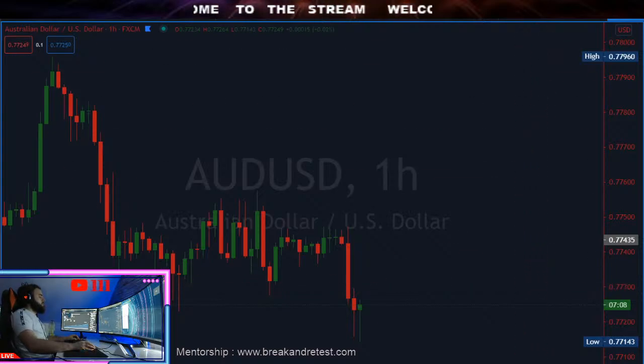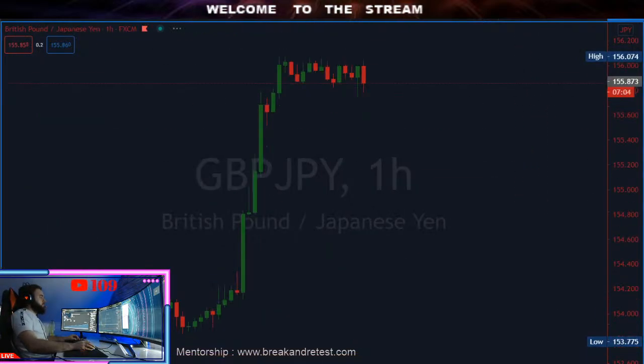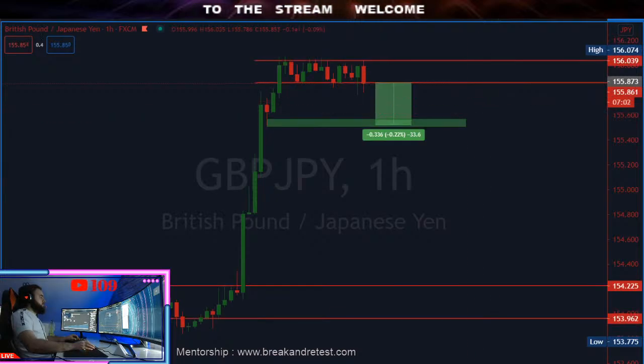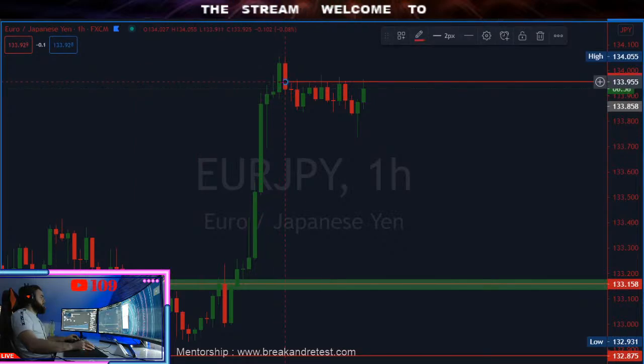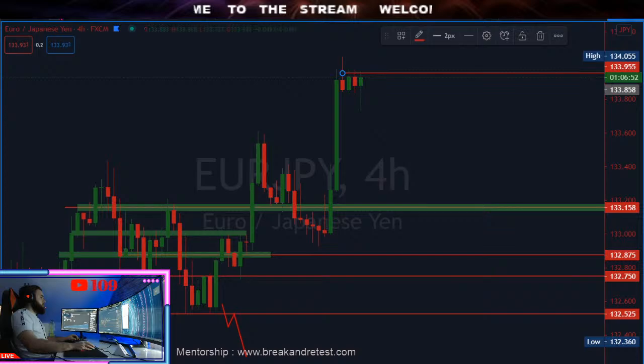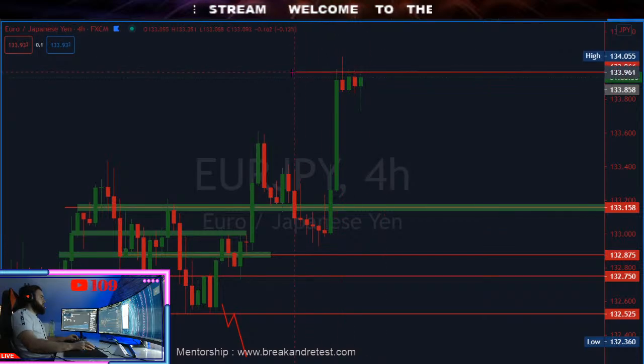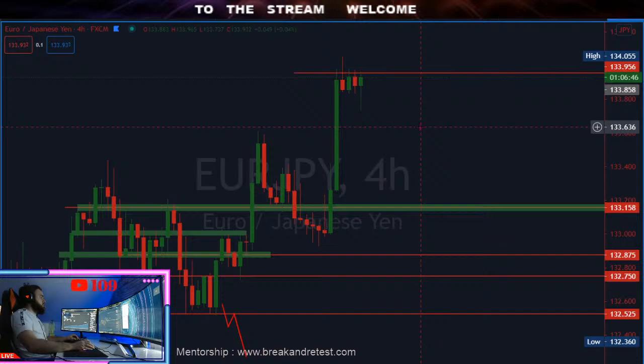EJ buys if it breaks. Well, I would take GJ buys if it breaks to the upside. But if EJ closes, you mean above this? Not really sure. Maybe a 4-hour close. If a 4-hour close happens, then I might take it.